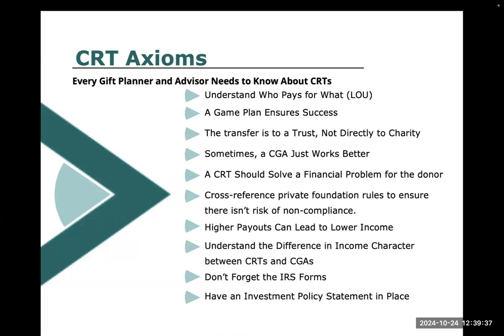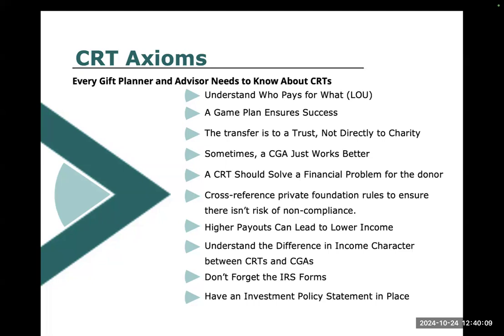You want to cross-reference the private foundation rules under Chapter 42 of the Internal Revenue Code to make sure that there isn't a risk of non-compliance. Excess business holdings: it could be possible that somebody, before the sale of their company, donates a significant amount of that company, and I believe the private foundation rules cap around 35% of the voting interest in a closely held business.